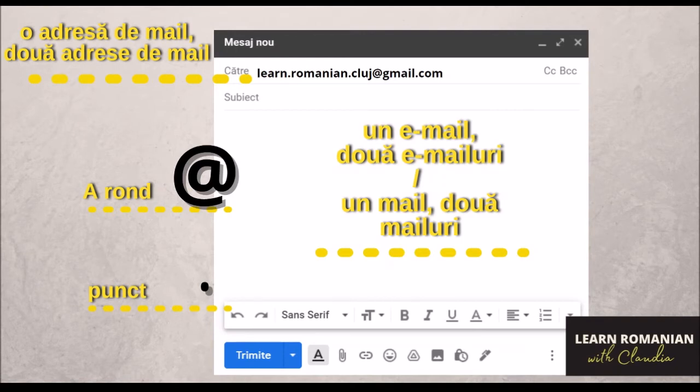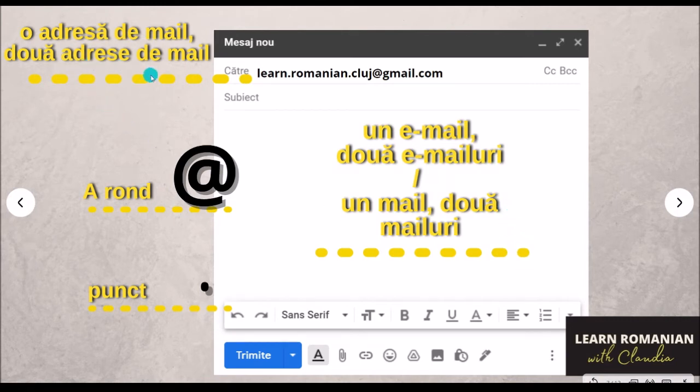Emails. How do you say email? Well, here is another English loan, so that's going to be easy for you. Un email, două e-mailuri. Or simply put, un mail, două mailuri. Most people use the short version and just say un mail, două mailuri.